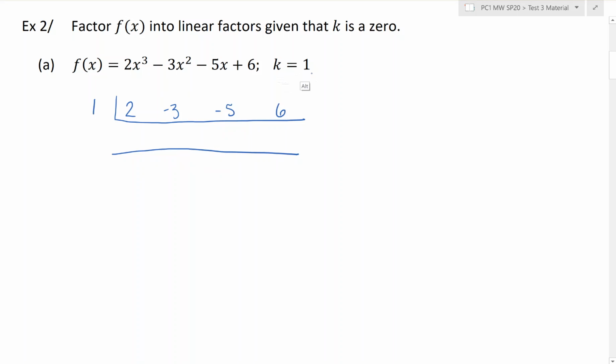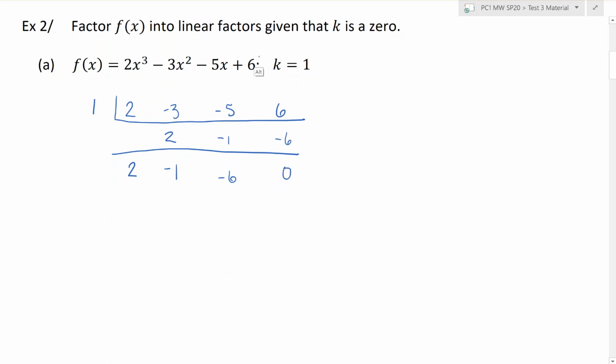They just outright gave you k. They did not give you x minus the k. So just put the 1 there and carry down the 2 and start your process. Multiply up, combine down, multiply up, combine down, multiply up, combine down.